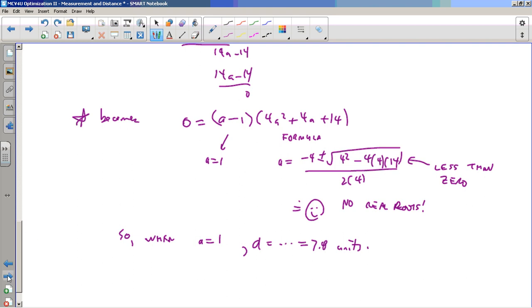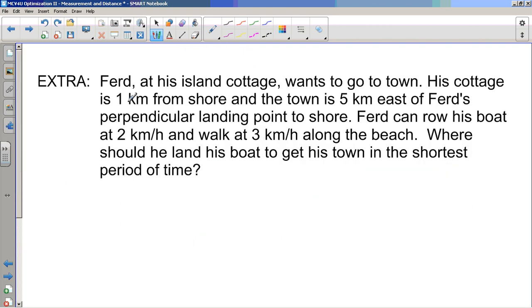An even better example is this one here, but I'm going to leave that one alone. Maybe we'll just assign that one as a bonus. If you would like to try this extra question and you're successful in answering it, there's probably one similar to this in the text, not quite, but it is a distance one. You go right ahead and you can try that for bonus. Okay, so that's it for optimization day 2-ish.